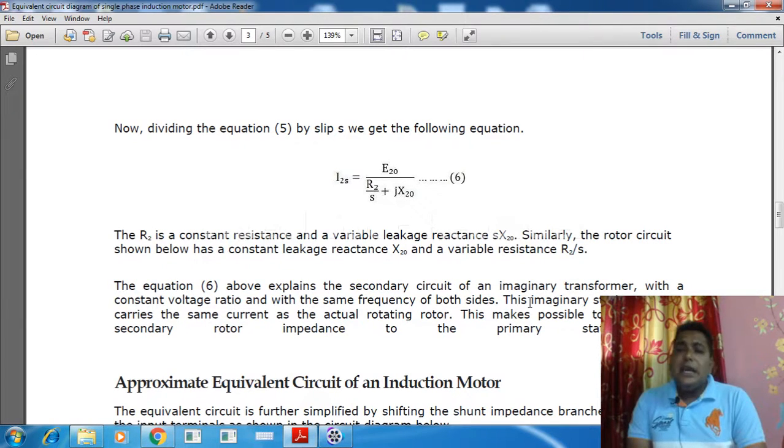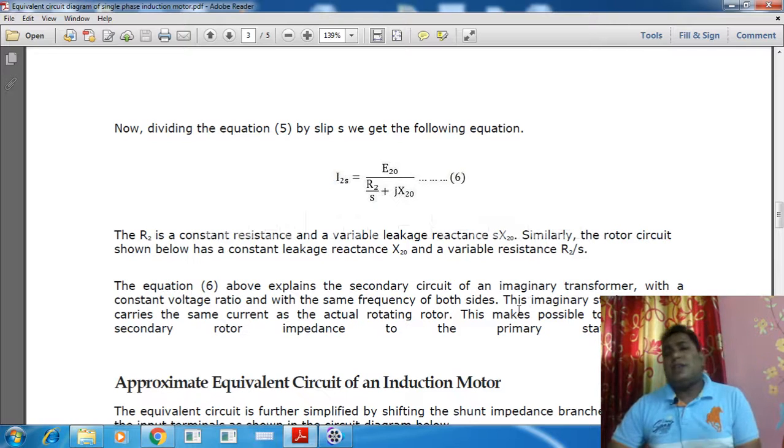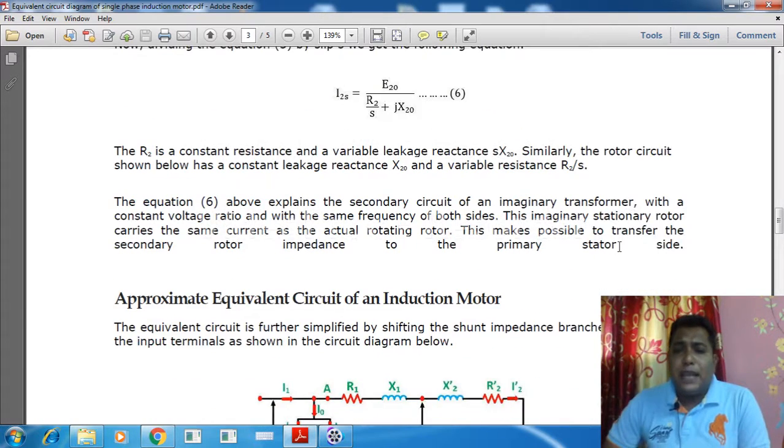This imaginary stationary rotor carries the same current as the actual rotating rotor. This makes it possible to transfer the secondary rotor impedance to the primary side, so that is the referring from primary to secondary or secondary to primary. Like this we can refer.